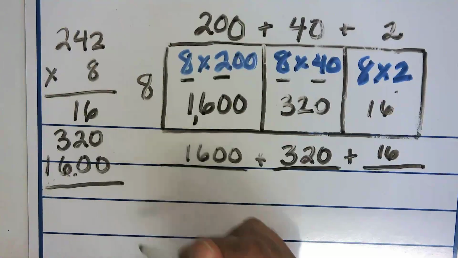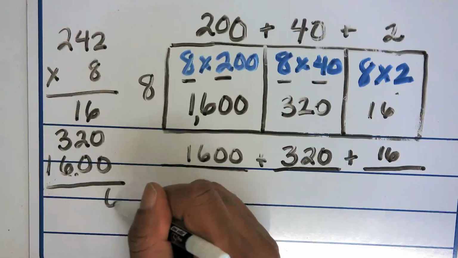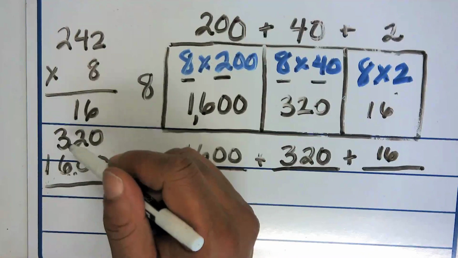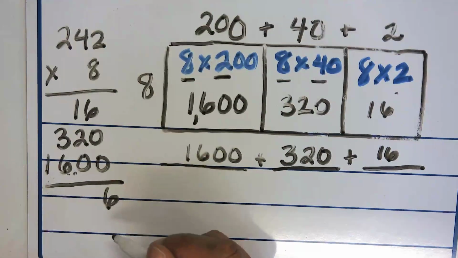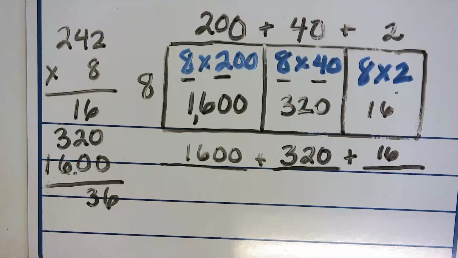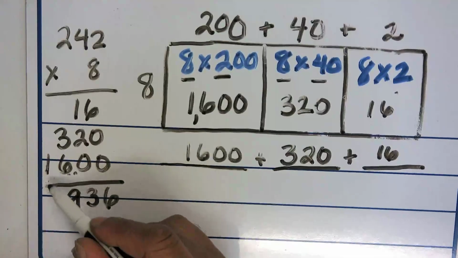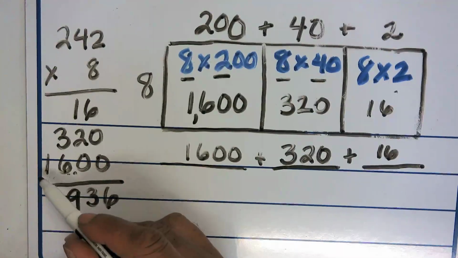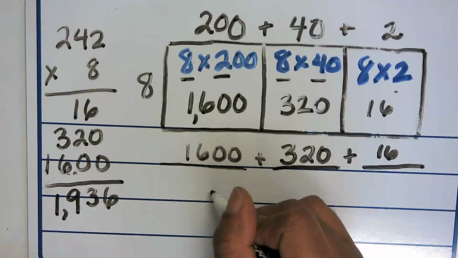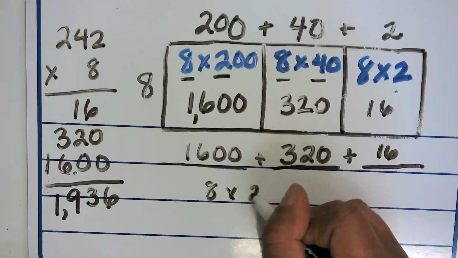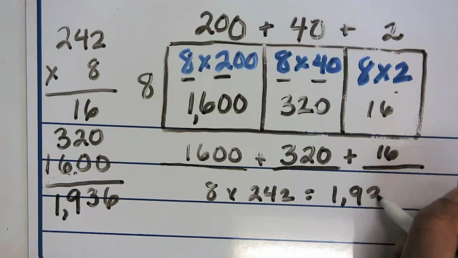When we add all of it together, 6 ones plus 0 ones plus 0 ones is 6 ones. 1 ten plus 2 tens plus 0 tens is 3 tens. 300s plus 600s is 900s. And then we don't have anything to add here, so it's still 1,000. 8 times 242 is 1,936.